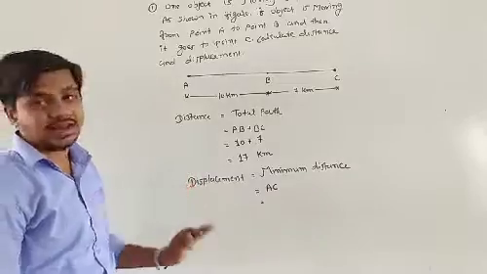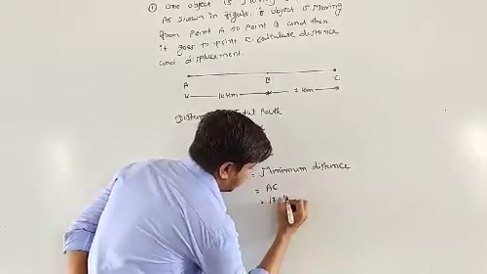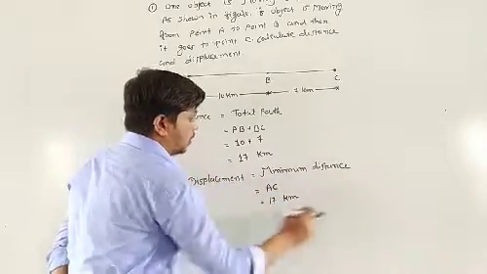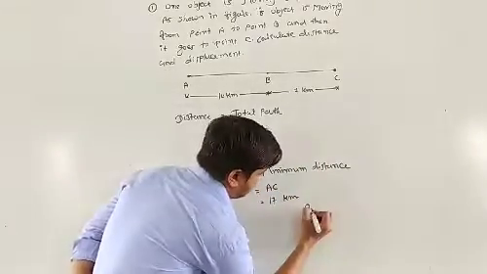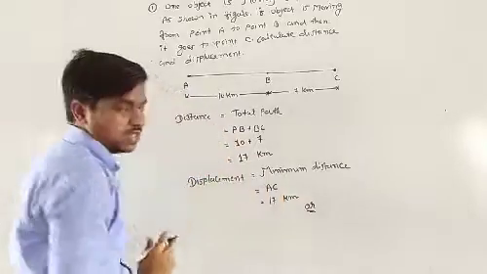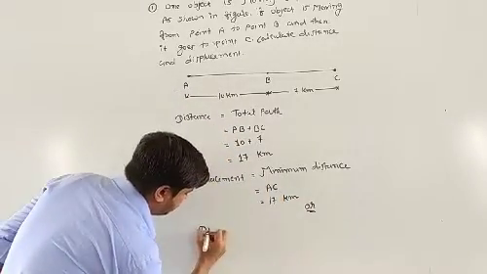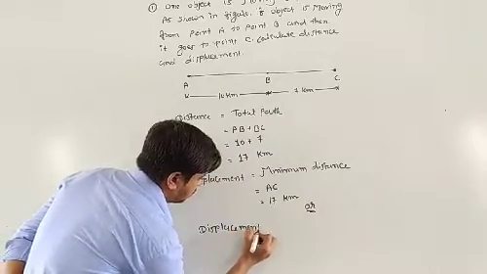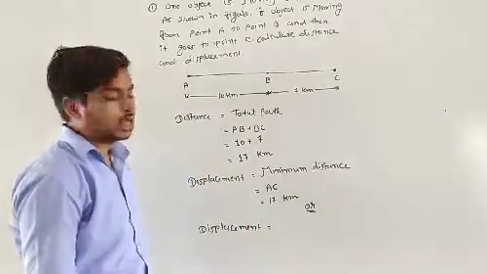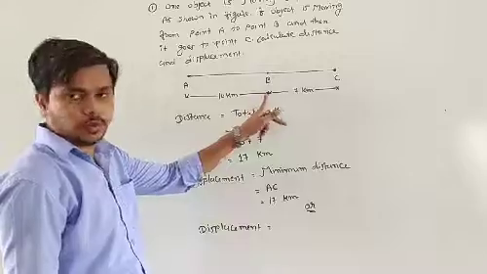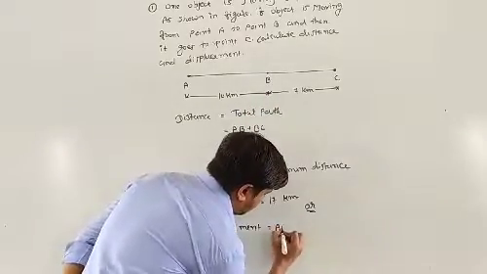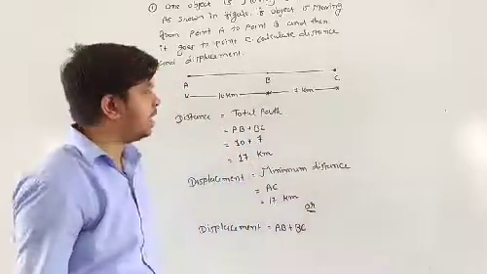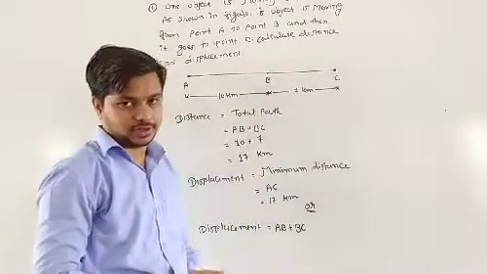Or if you can't recognize it as 17 kilometers, then for displacement I am going to use another trick. How can you calculate it? The object is moving from A to B, then B to C, and then it stopped.